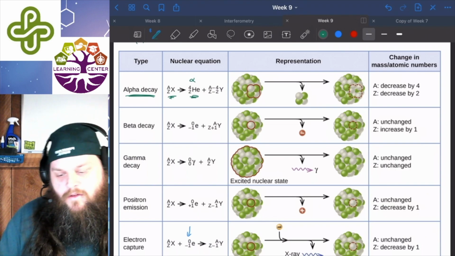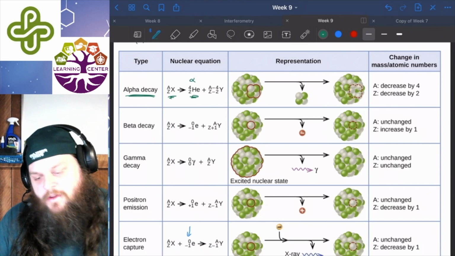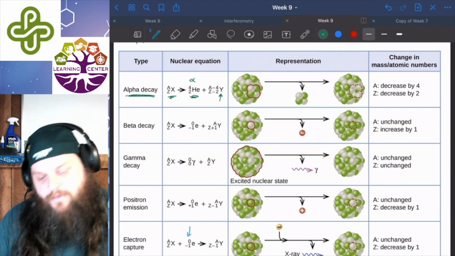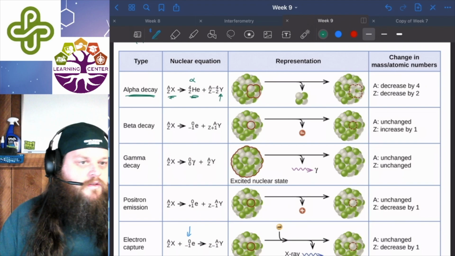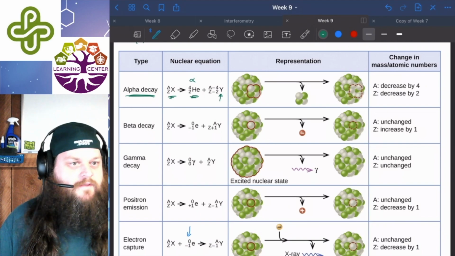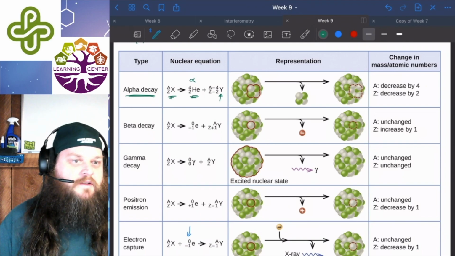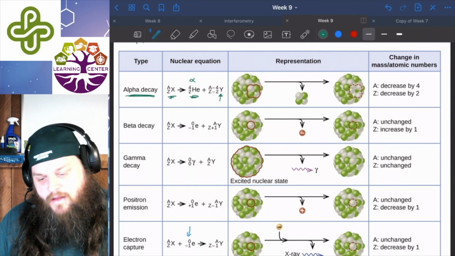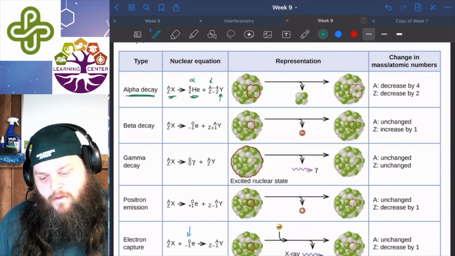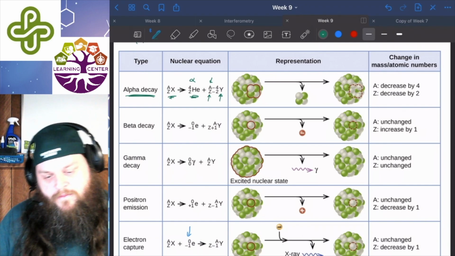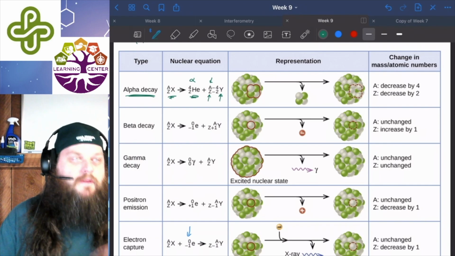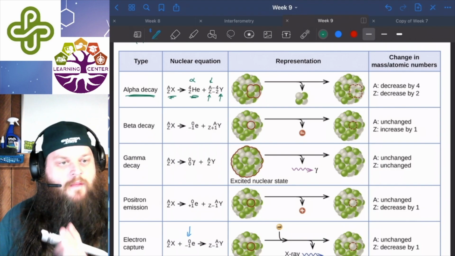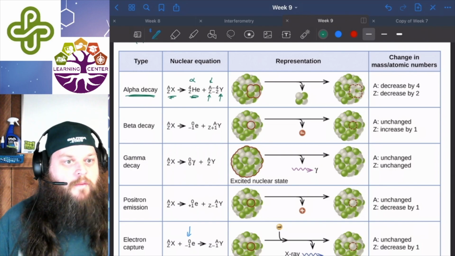And notice that when it releases, the element that's actually produced has 2 less protons and 2 less neutrons. So we reduce the A value, that top number, by 4 and the Z value by 2. So whatever element we started out with, we can go 2 elements down on the periodic table to find out what our product is.